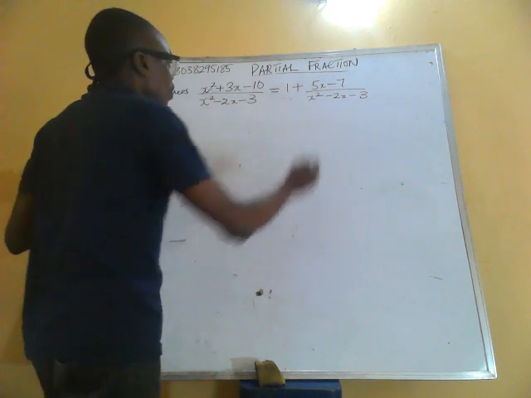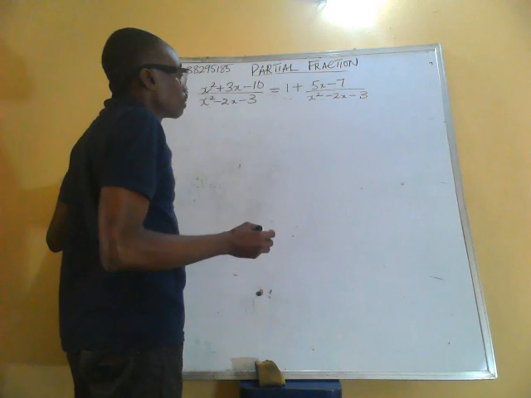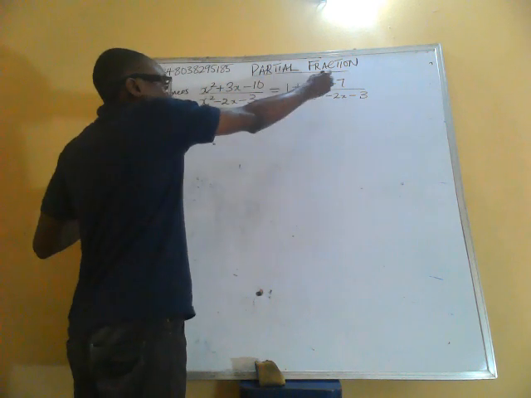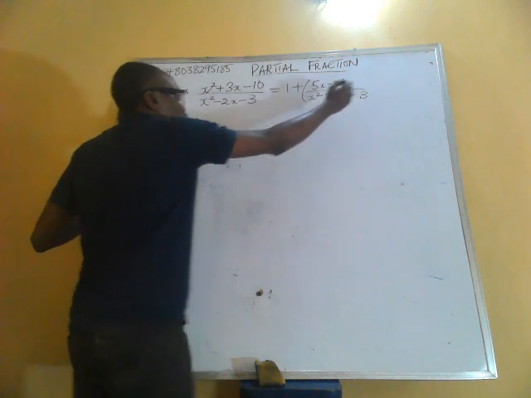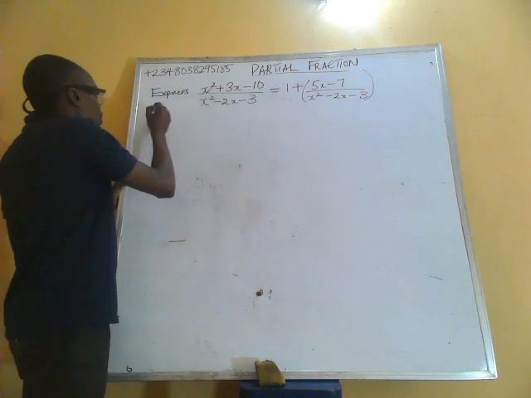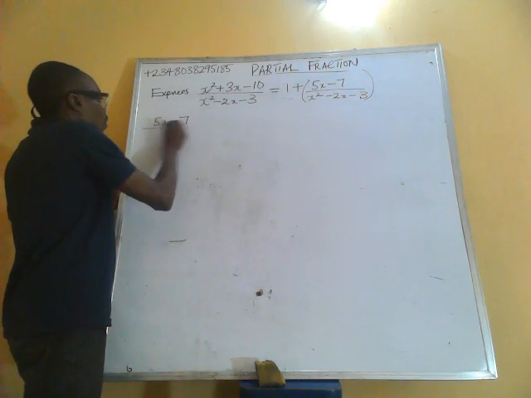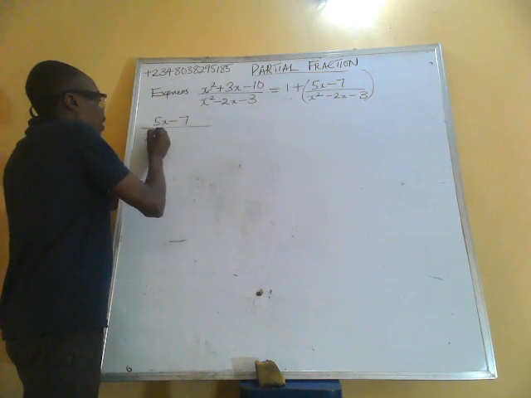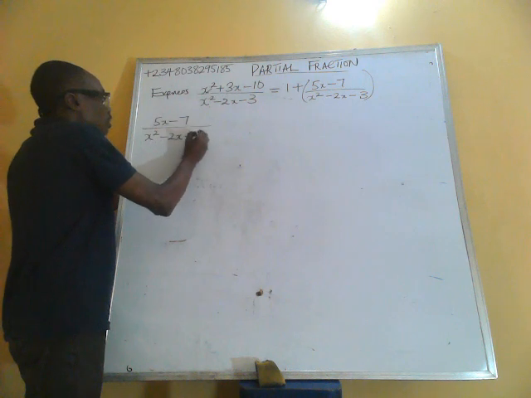So right now we have 1 plus 5x minus 7 over x squared minus 2x minus 3. So this is the part we're going to resolve into partial fraction.